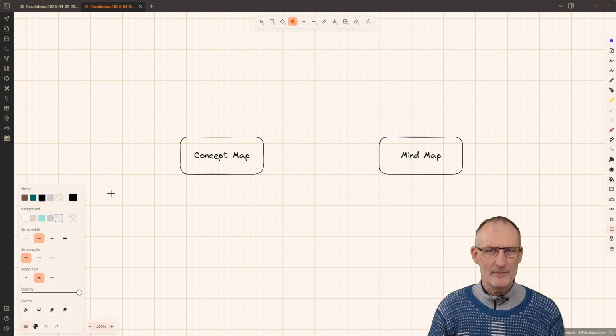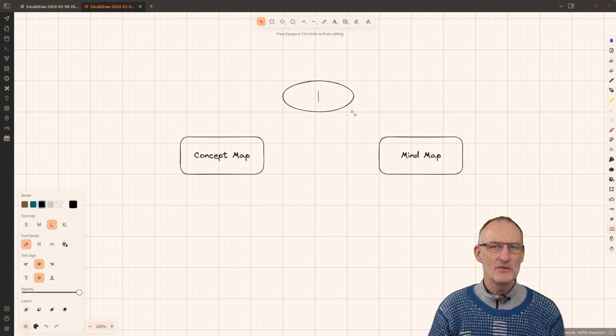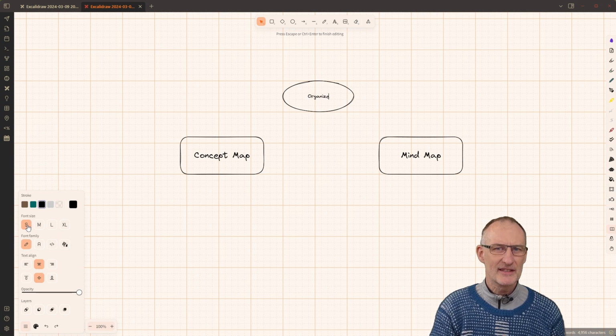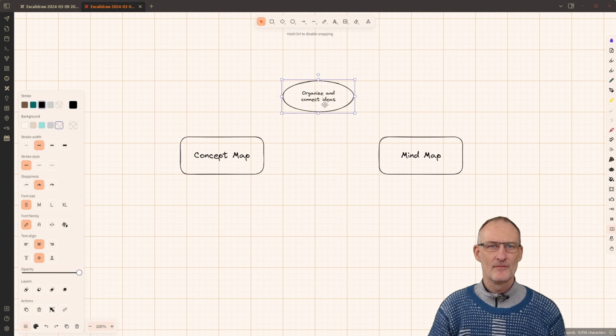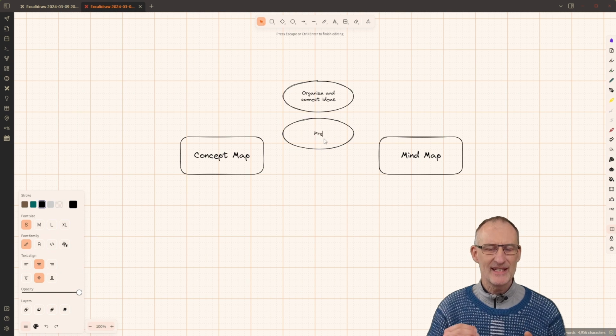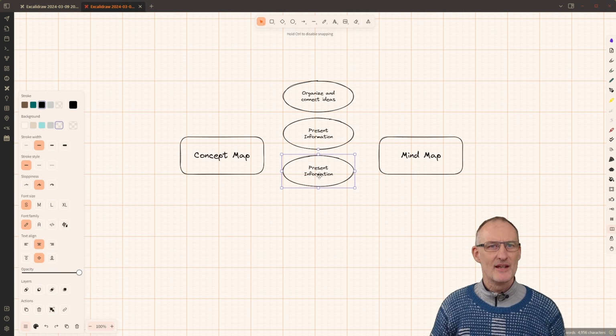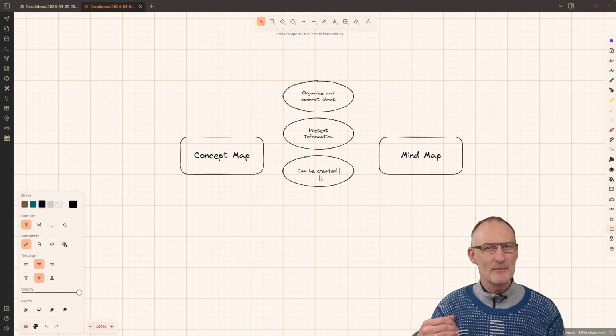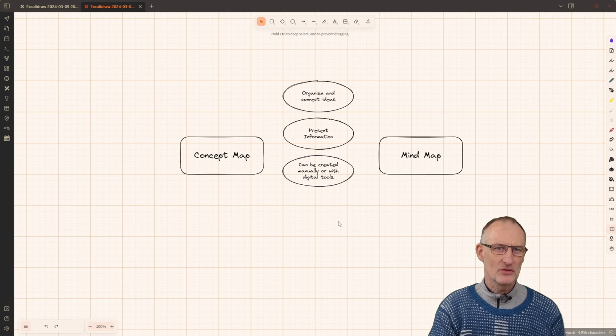Both concept maps and mind maps are used to organize and connect ideas, to present information, and can be created manually or with digital tools.